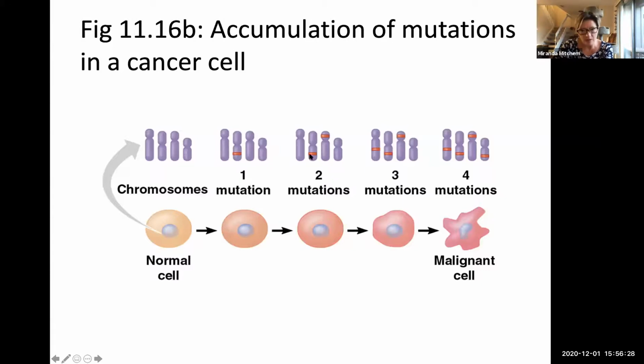Then we have a second mutation, a third mutation, and a 4th mutation before the malignant cell is developed. Notice the malignant cell is shaped differently. It's not looking necessarily bigger here, but many times these cells are bigger, and they don't look the same under the microscope.